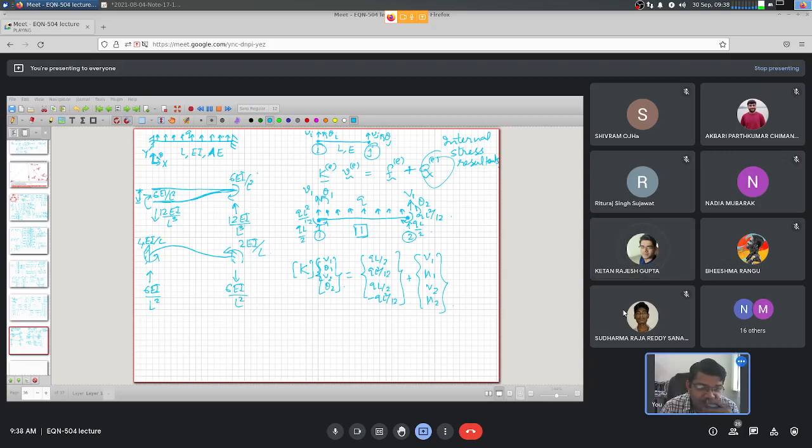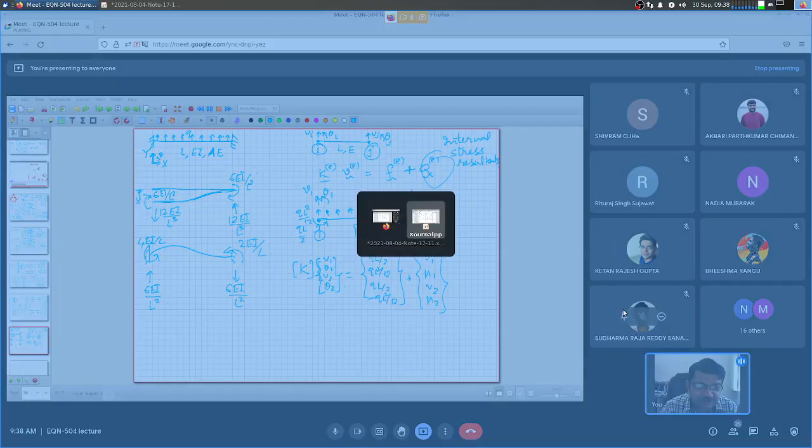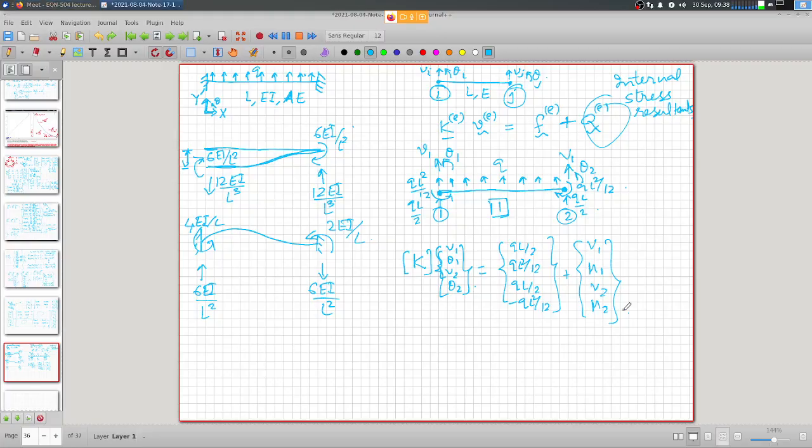Exactly. So all the degrees of freedom of this problem are the deflection at the 2 nodes V1 and V2, and slope at 2 nodes theta 1, theta 2. These are the only degrees of freedom.